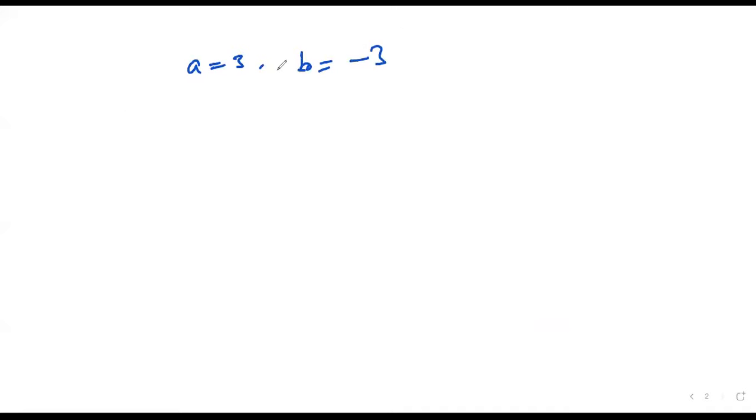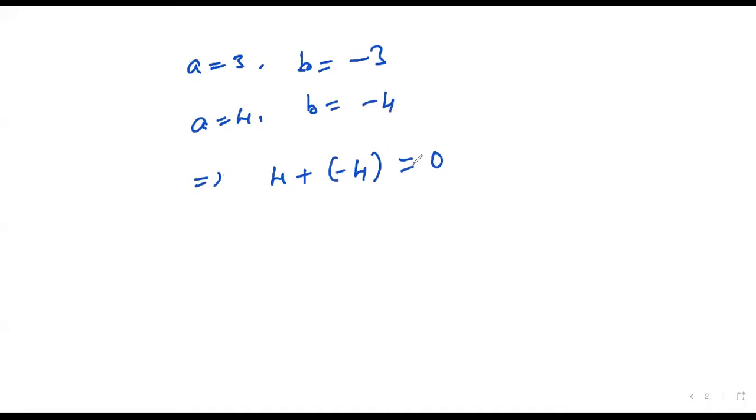If A is equal to 3, B is equal to -3. If A is equal to 4, B is equal to -4. Then only the addition of those two numbers gives us 0, which is the additive identity, right? Did you get that?